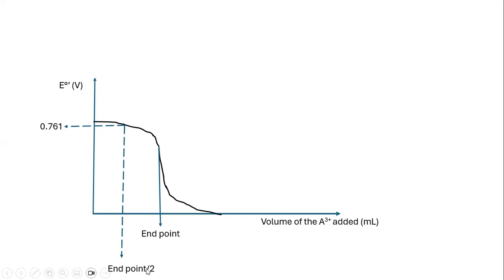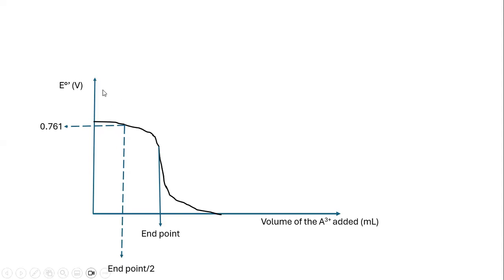Then, starting from higher potential and going to lower potential. You have to mark the endpoint and also the half endpoint. That is important. Wherever possible, mark the half endpoint as well.